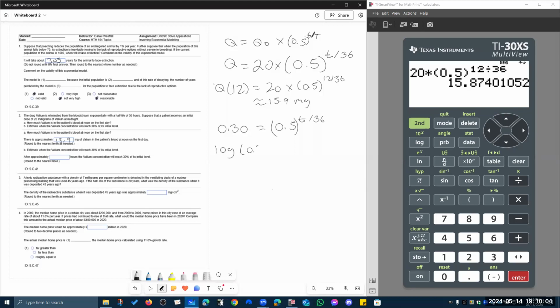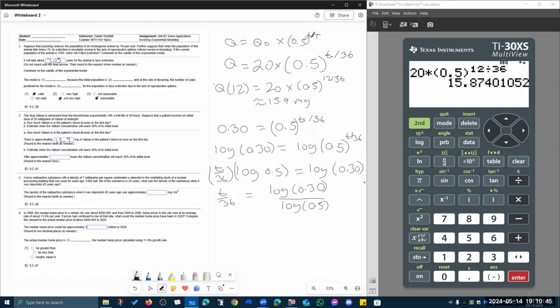It really doesn't matter. 0.30 is equal to 0.5 to the t over 36, so we take the log of both sides. That exponent is going to come down front. t over 36 times log of 0.5 is equal to log of 0.30. And so t over 36 is equal to log of 0.30 over log of 0.5.